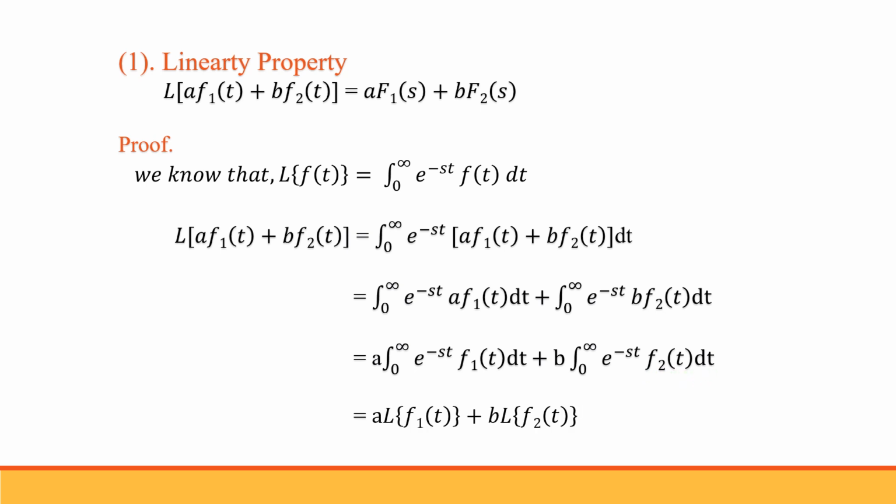So integral 0 to infinity e raised to the power minus st into f1(t) dt can be written as Laplace transform of function f1(t) by definition, and integral 0 to infinity e raised to the power minus st into f2(t) dt as Laplace transform of function f2(t), which is equal to a into F1(s) plus b into F2(s).